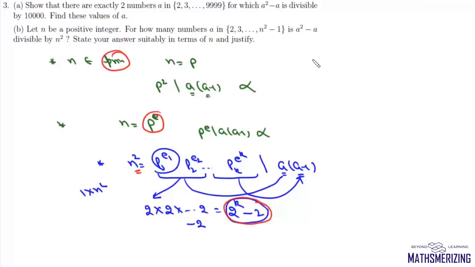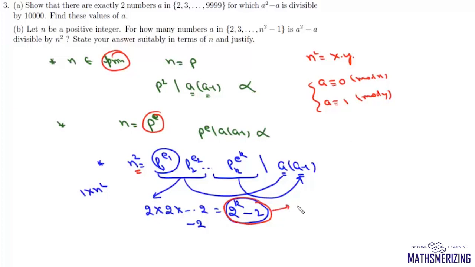So the total number of ways is 2 to the power k minus 2. Now, if n square is a composite number, say x into y, then the Chinese remainder theorem tells us that we can always find this a, which is 0 modulo x and which is 1 modulo y. And this a will be unique modulo xy, because if there are two solutions, then the difference will also be divisible by xy, which is not possible.